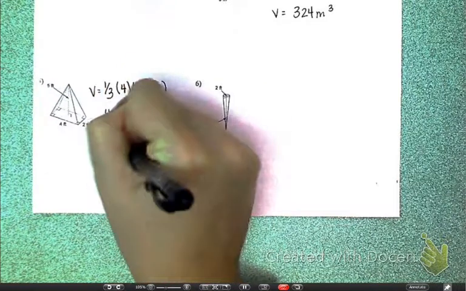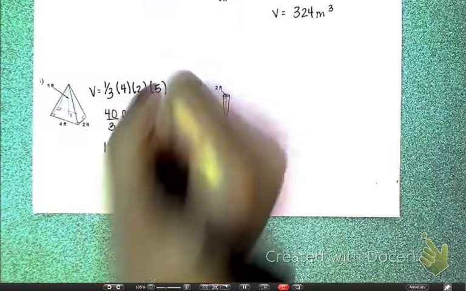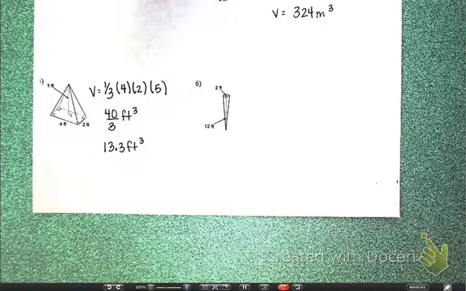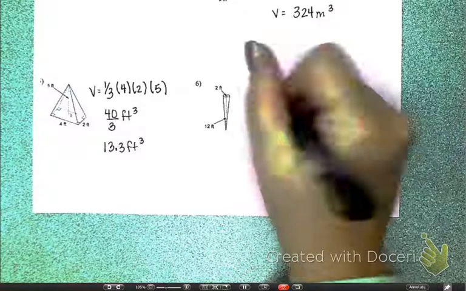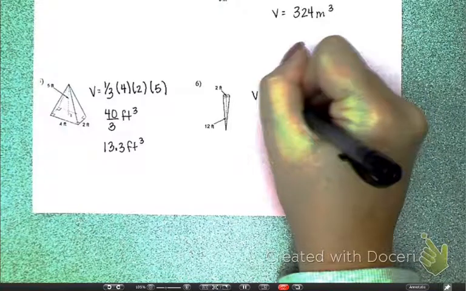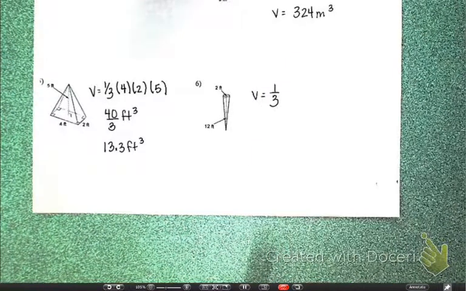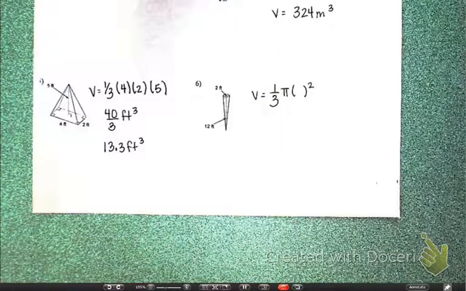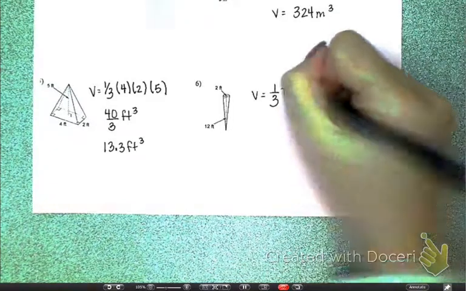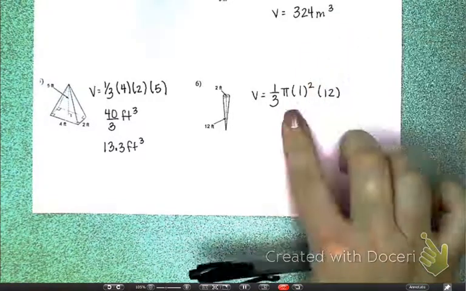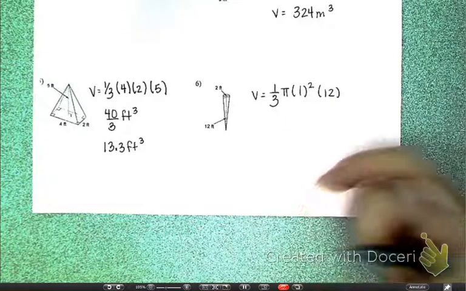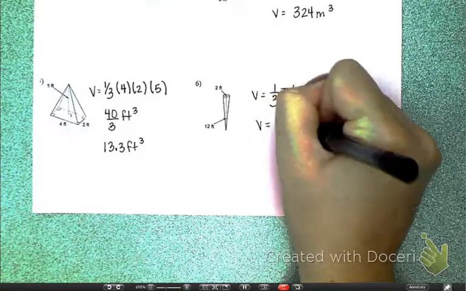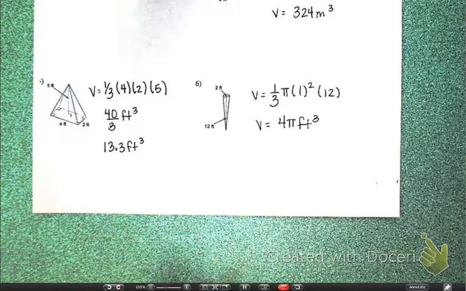Technically, your answer could be 13.3 feet cubed as well. Okay, I'll take either of those. And then for our last one, it's a cone, so it has a circle as a base. So pi times the radius squared. What is my radius? 1, times the height of the whole thing. So 1 squared is 1, times 12 is 12, divided by 3 is 4. So you should have 4 pi feet cubed.